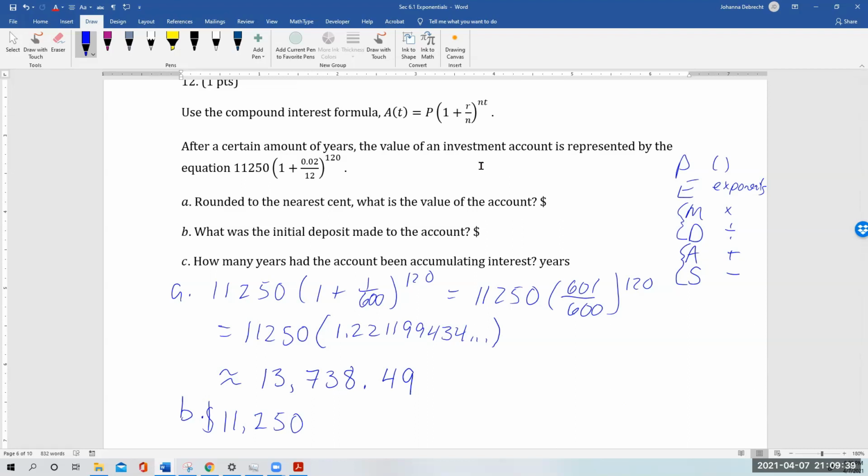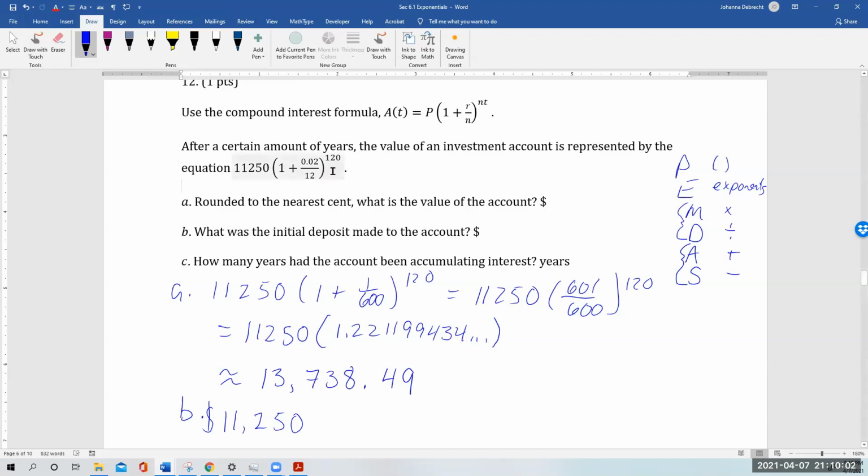The number of years was 3 multiplied by the 12 months that you pay, and that gives you the 36. Looking at this formula, we can see that the denominator here is 12, which means that the number of times you make a payment in a year is 12 times, which means it's monthly.